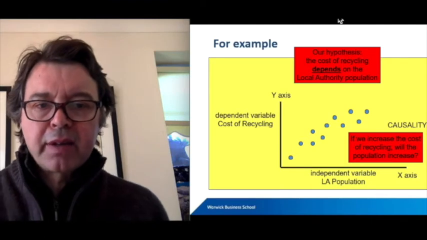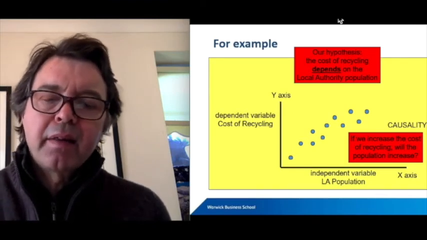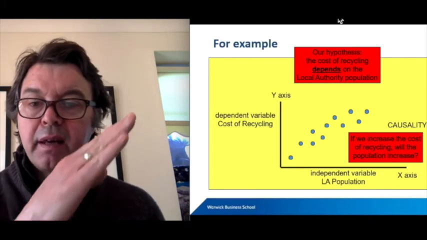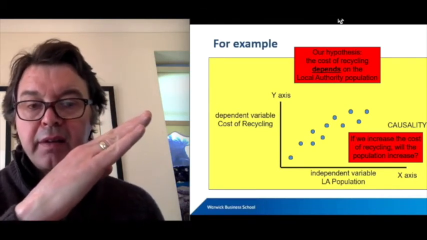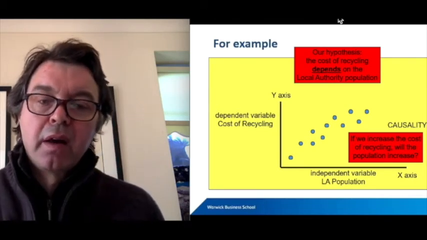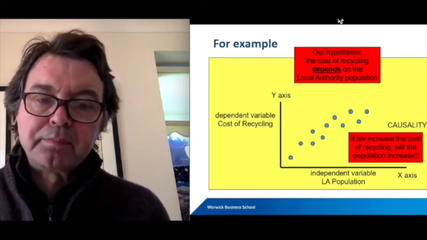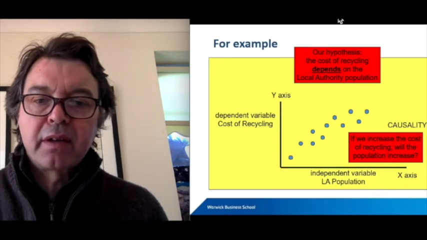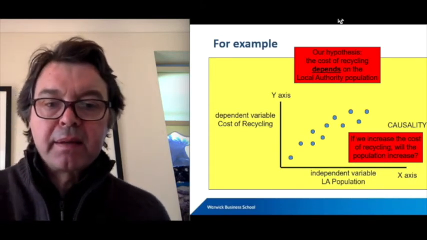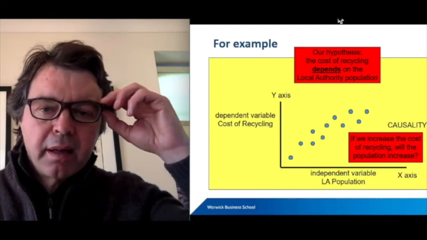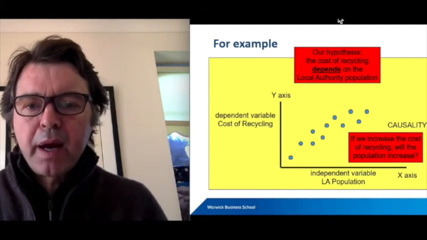And when we look at the scatter plot, we can see that there is a positive relationship. We can see that the data is going up, and so the scatter plot is supporting our hypothesis that cost of recycling depends upon local authority population. But notice that it wouldn't be the same the other way round.